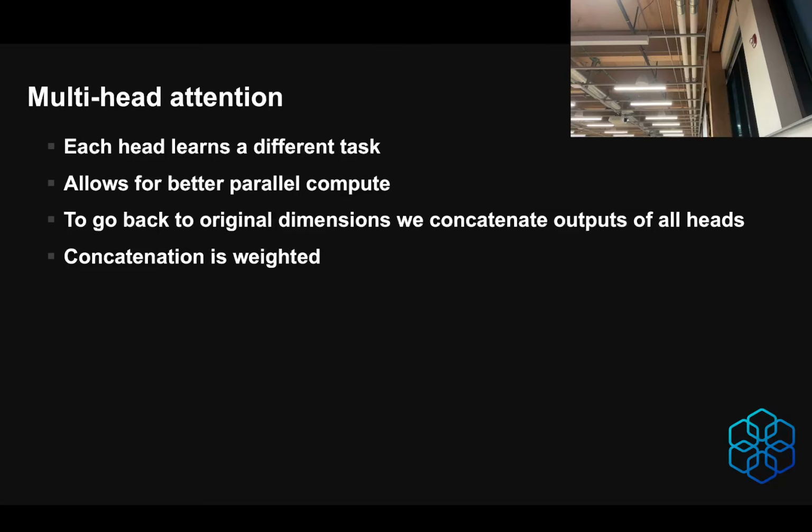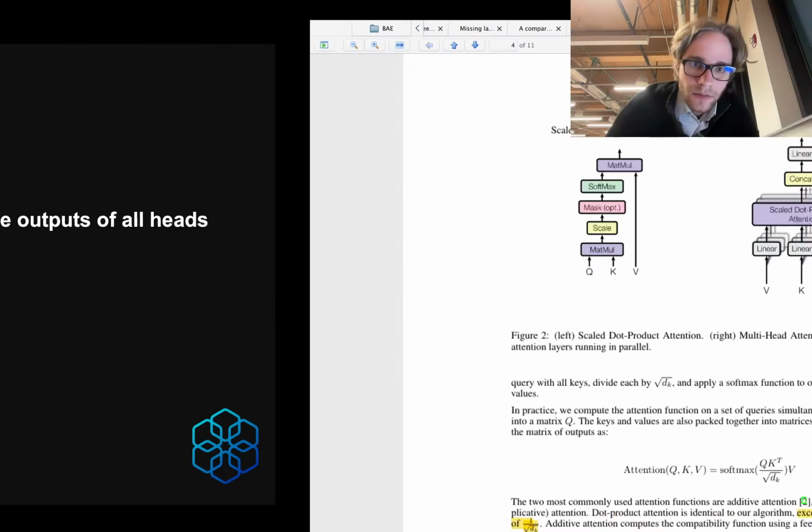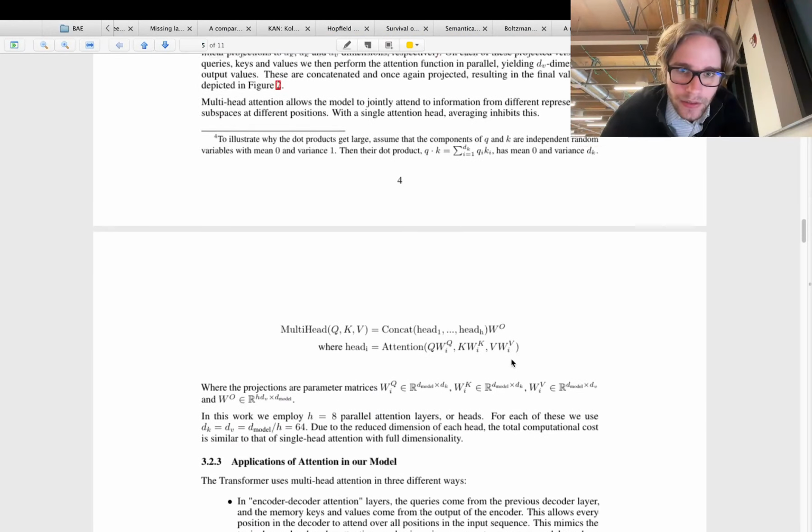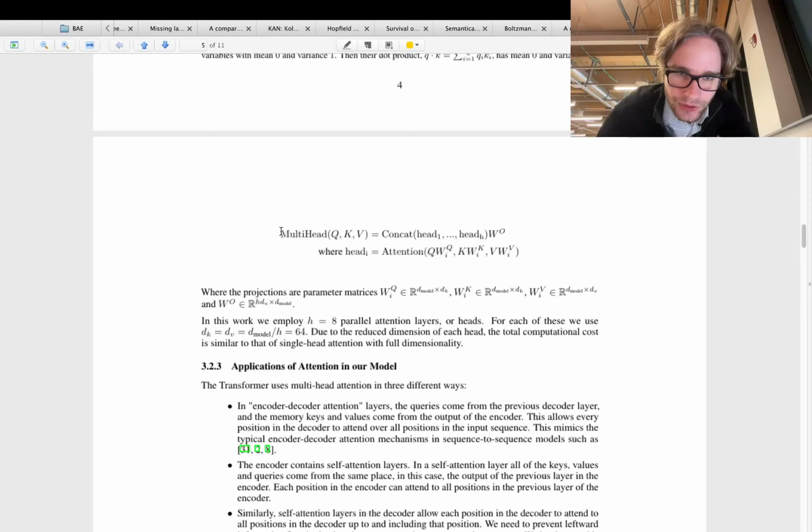But how do we go back? It's really simple. We concatenate the output from each of the heads, and then we weight it by some other matrix. Let me show you in the paper how that's done. So this is multi-head. It follows the same formula.